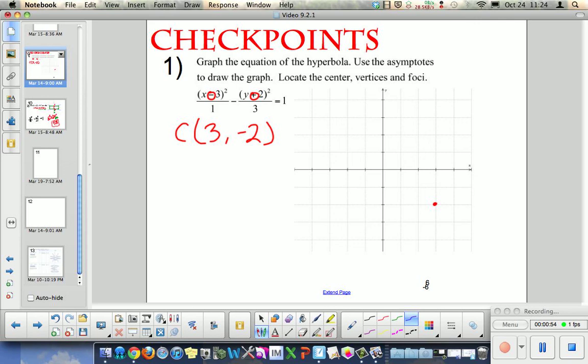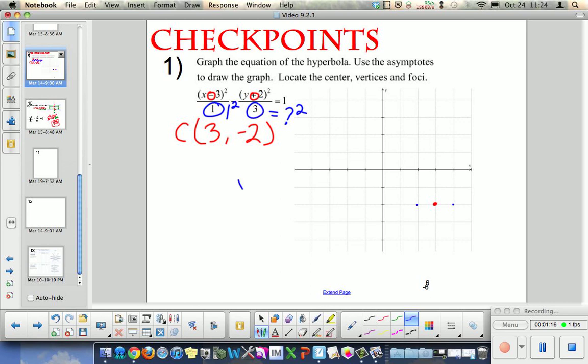So in the x direction, it's 1 squared. So in the x direction, you're going to go left 1 and right 1 to find the edges of the box. For y, it's 3, which equals what number squared? Well, since we're graphing this, we're not looking for an exact answer, we're looking for a sketch of the graph.